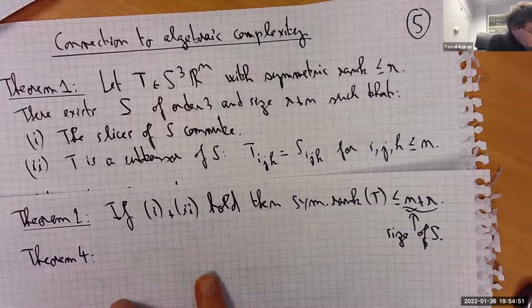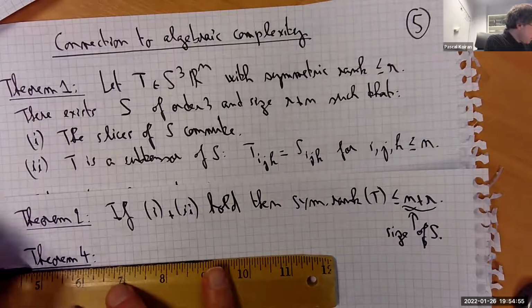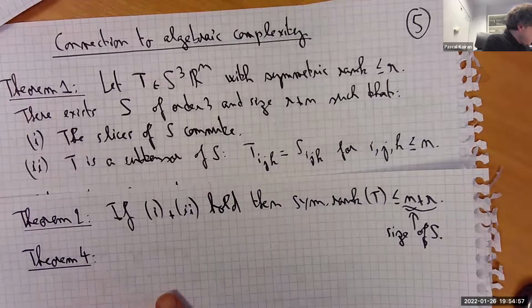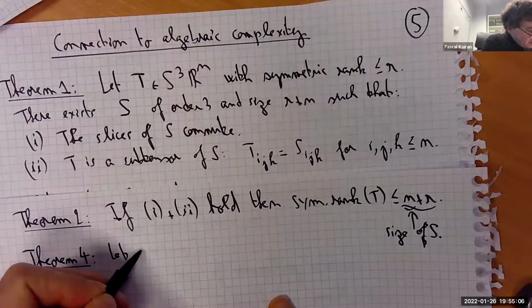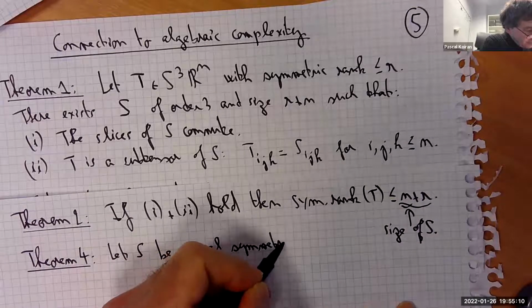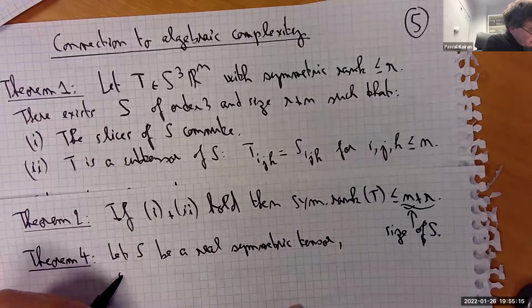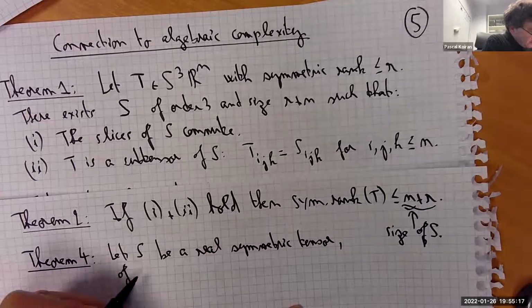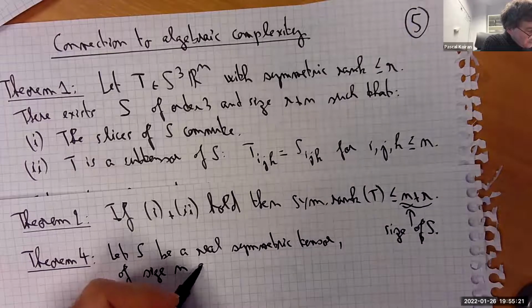And this is going to be theorem 4. So, let S be a real symmetric tensor as usual, of size n and order 3.